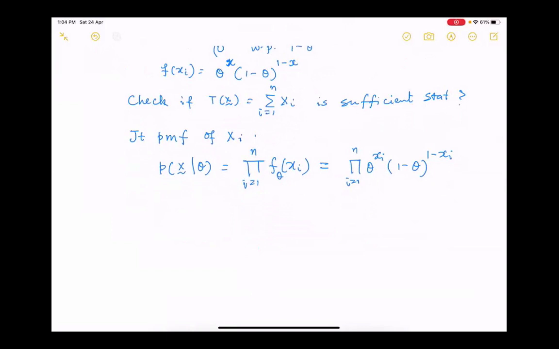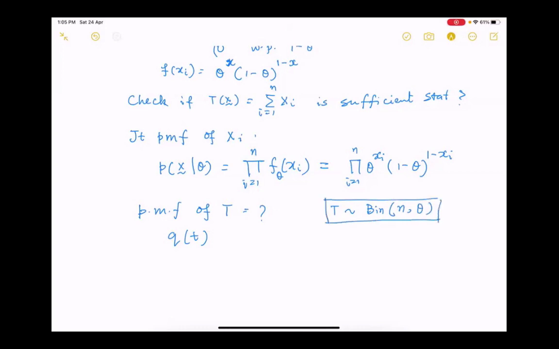Okay, and then what is the PMF of T? Can anybody tell me? What will be the PMF of T? The binomial PMF. Yes. So T will be following Binomial(n, theta). It's a standard result, I'm using that result.